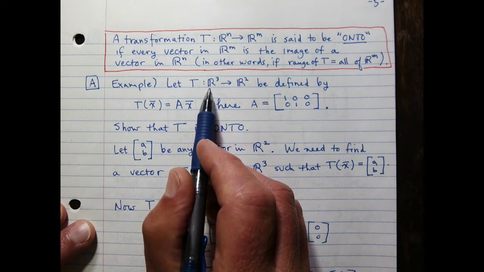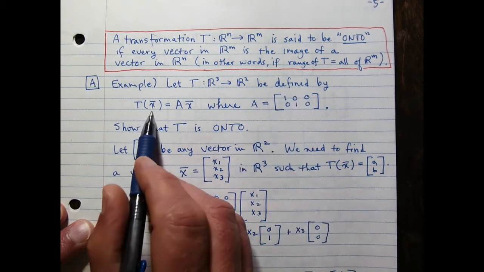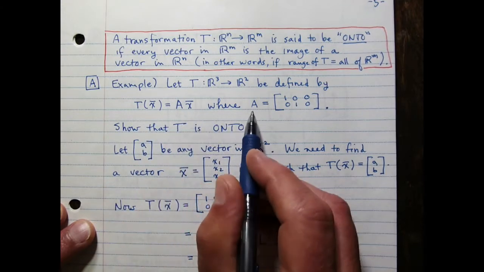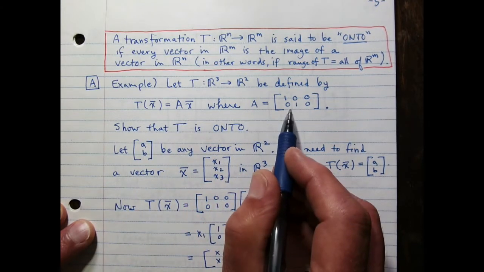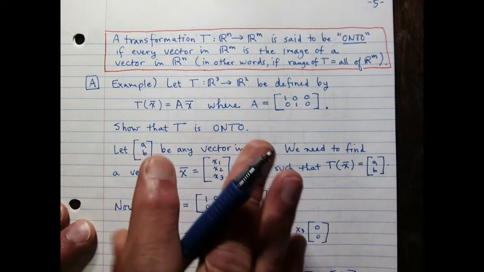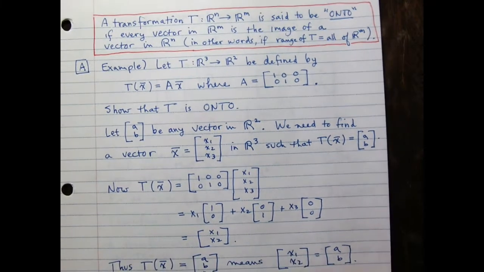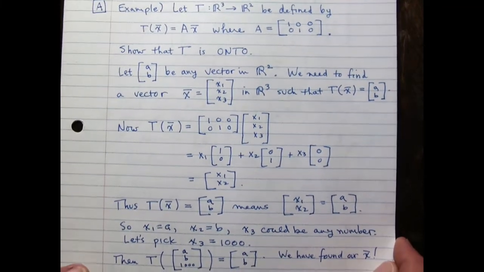Here's a transformation from R3 to R2 defined by T of x equals Ax, where A is this matrix. Notice that's a 2 by 3 matrix, right? We want to show that T is onto. Now we'll have an easier way of doing this eventually, but see if you can follow these arguments that I go through.